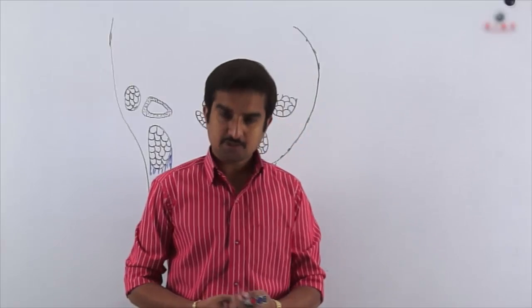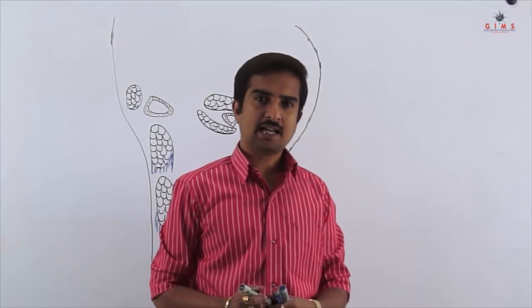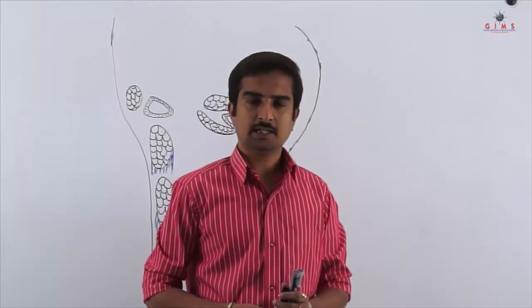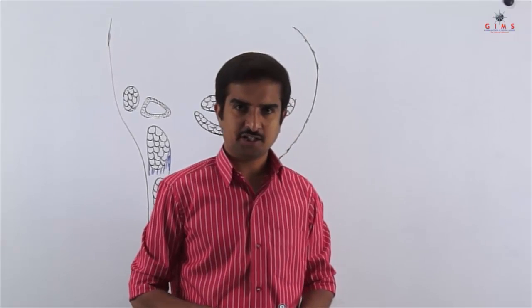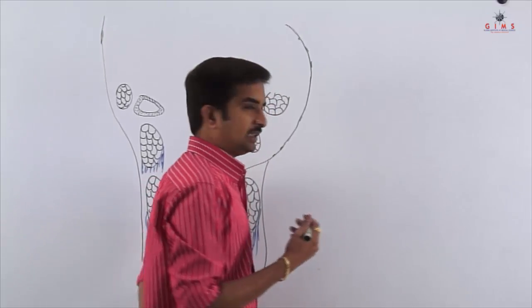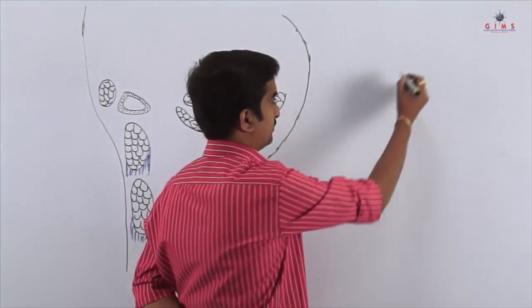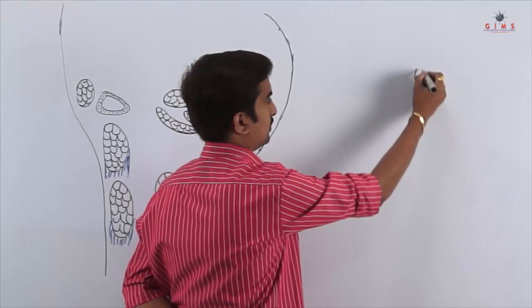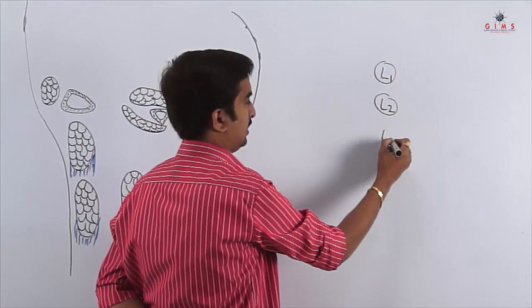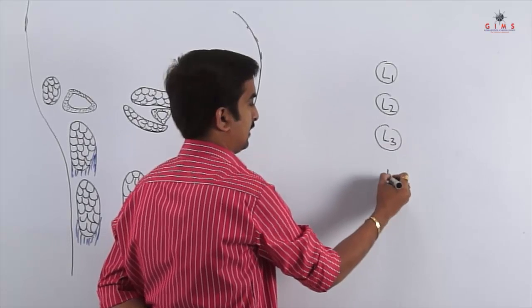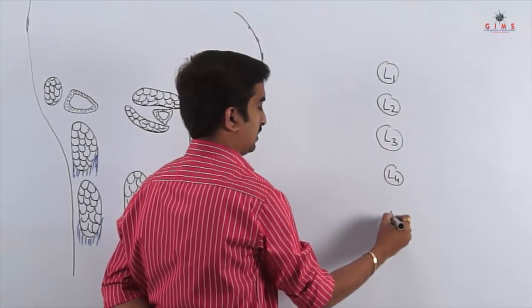Before I continue with the obturator nerve, let's review the lumbar plexus again with its anterior as well as posterior divisions. The lumbar plexus is formed from L1, L2, L3, L4 and L5.